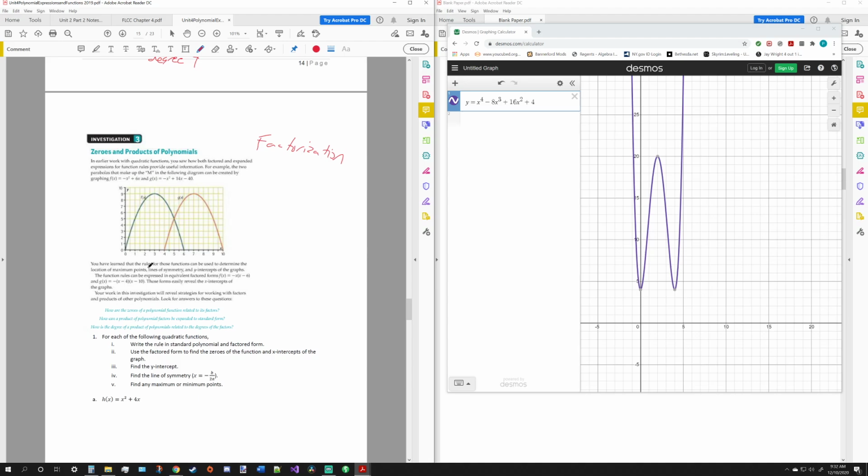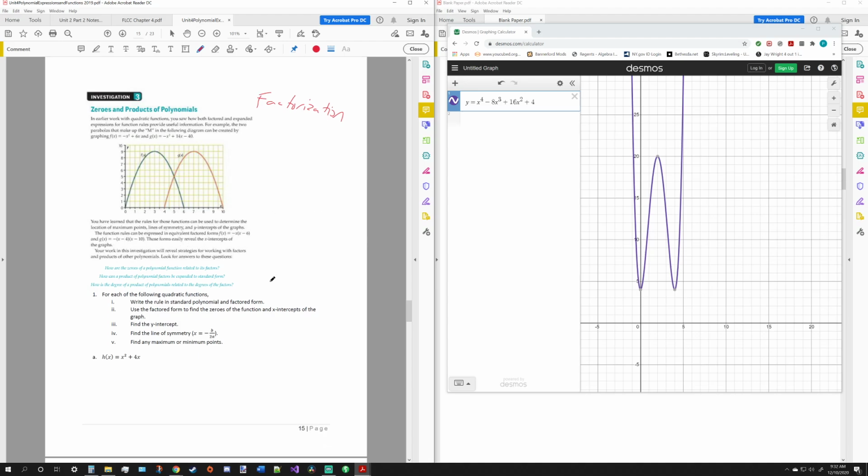So this is showing an example here where x minus 6 is a factor, and so positive 6 is a root or a zero, right?